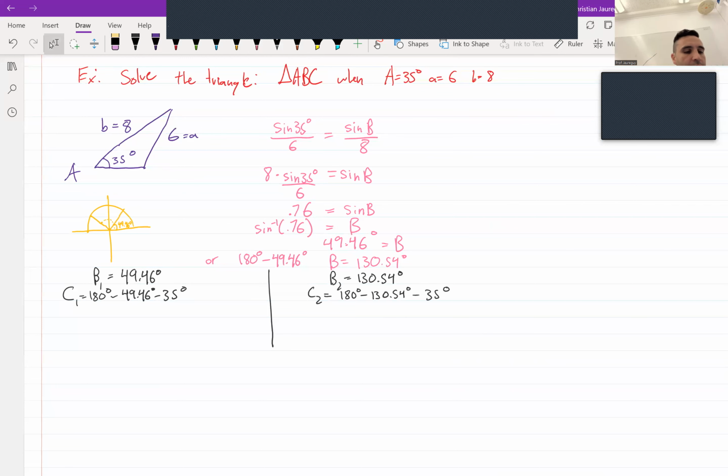And you throw that in a calculator, right? No need to do either of these in your head. C1 over here is going to equal 95.54 degrees. And then on the other side, big C2 is going to equal 14.46 degrees.